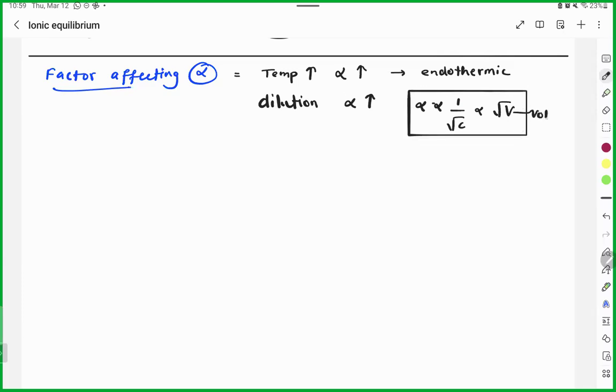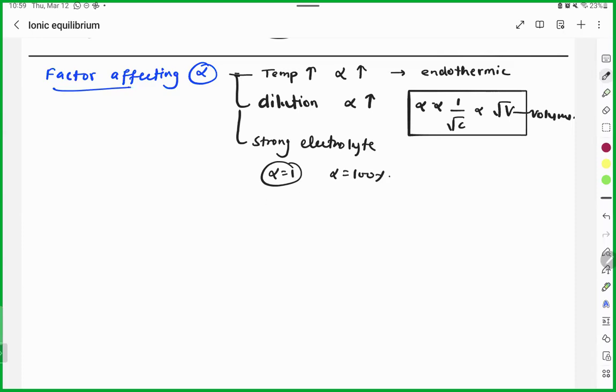Correct? It also depends upon the nature of electrolyte. In case of a strong electrolyte, the alpha value will be equal to 1, or you can say it will be 100%.